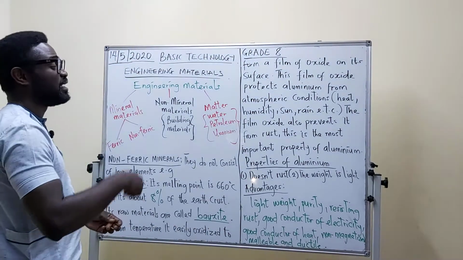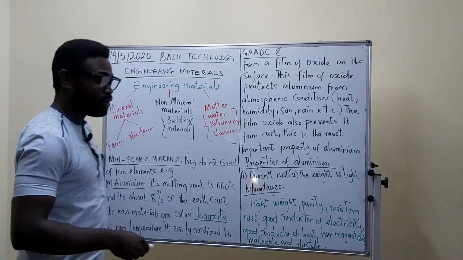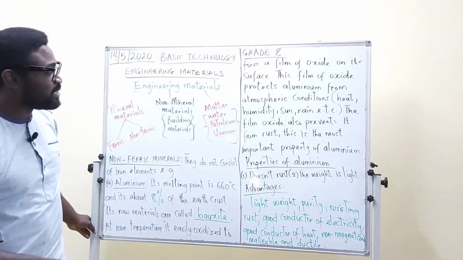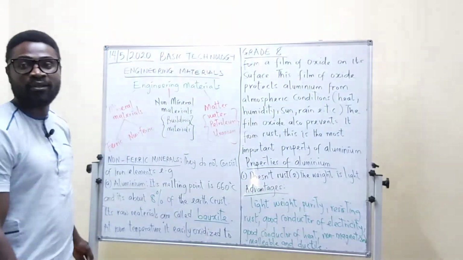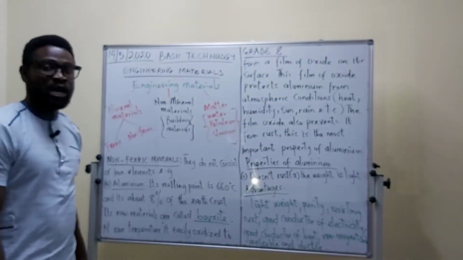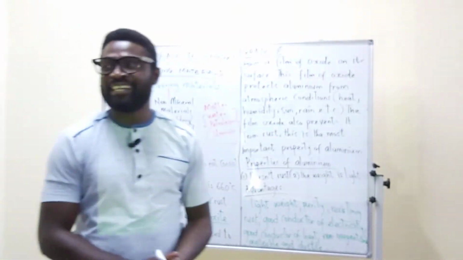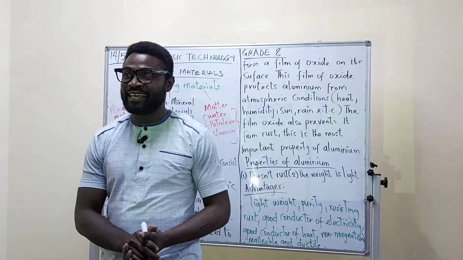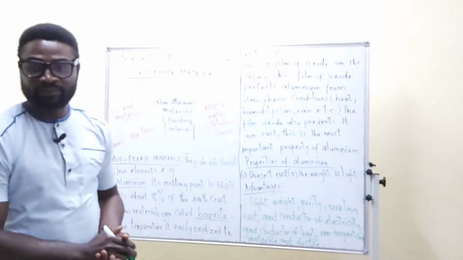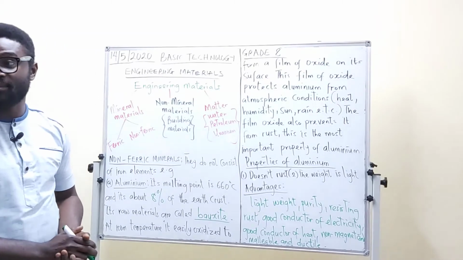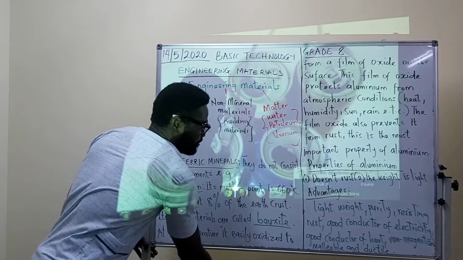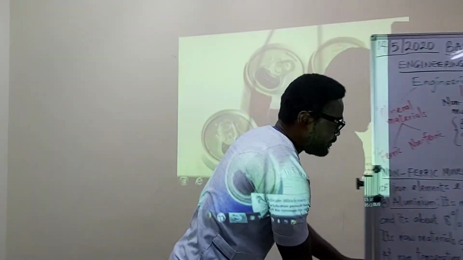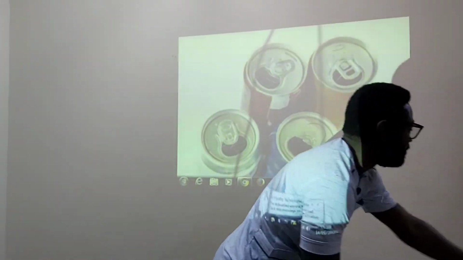So in a short while, we'll see from the projector what aluminium looks like. I want you to pay attention. Enjoy that moment till it comes. Alright, we're about to reveal to us what aluminium is.